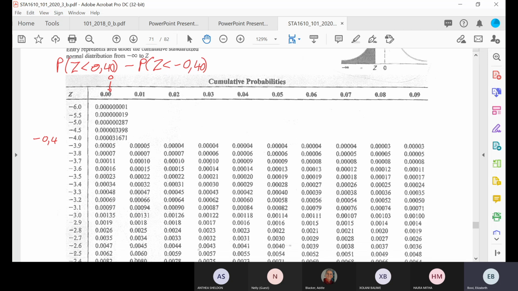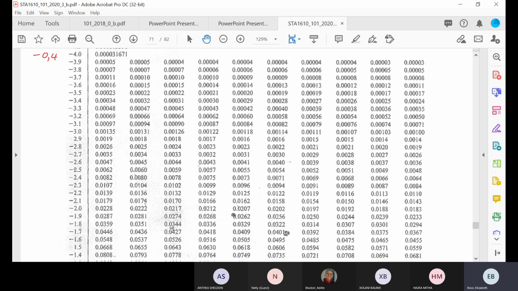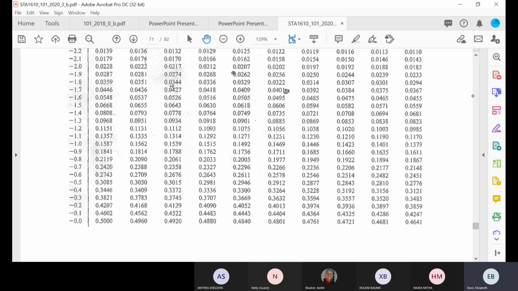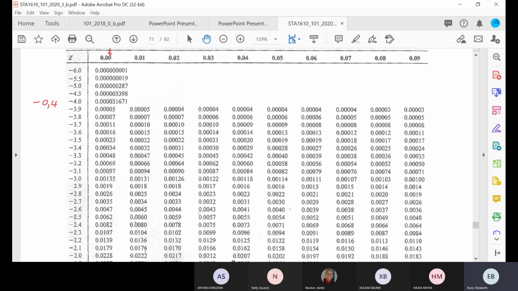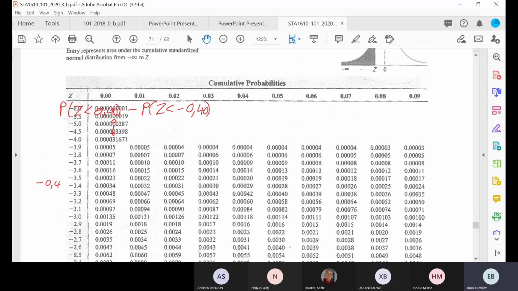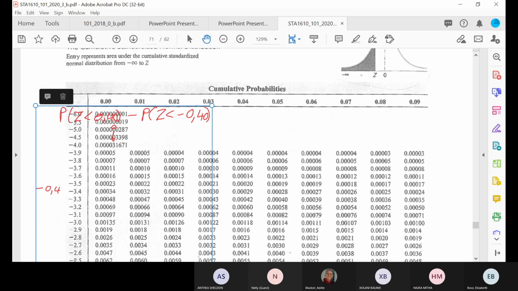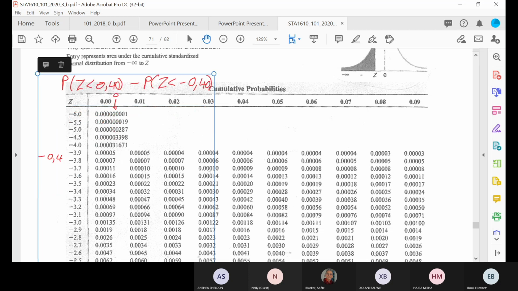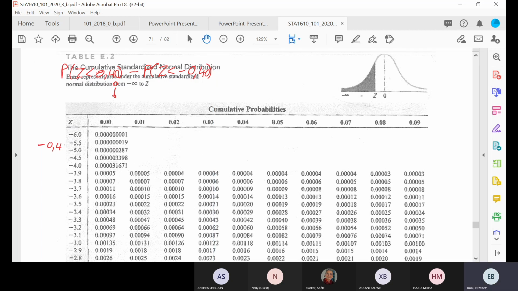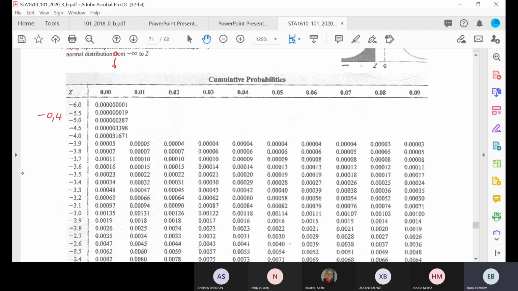So let's go find 0.4. It will be somewhere right at the bottom of the table. And there is 0.4. And remember, at the top, we're looking for 0.